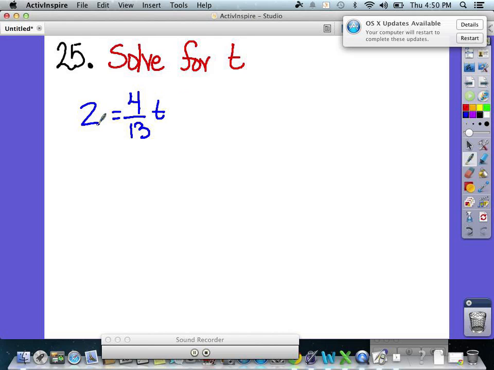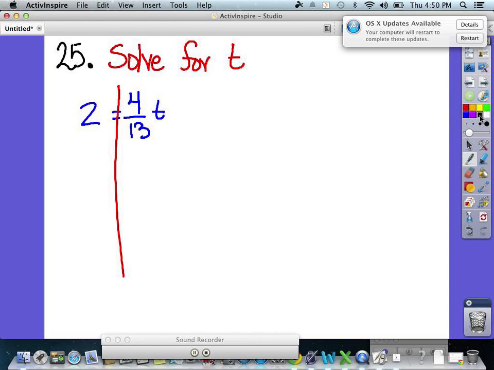So we have Z equals something, but we need to have it as T equals something. So here the operation is multiplication. And to go across that line, we're going to have to do the inverse of multiplication. Our inverse of multiplication when we have a fraction is simply to multiply by the reciprocal.